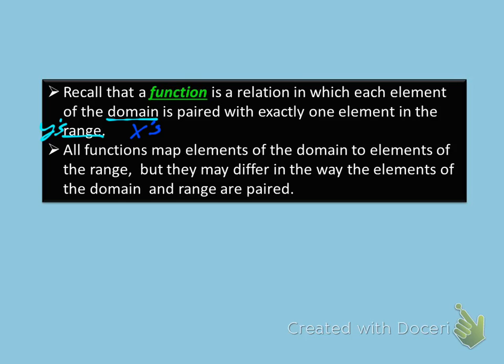Don't worry about what a map is just yet. Elements of the x's to elements of the y's, but they may differ in the way these elements are paired up. Okay, sometimes the x's and the y's are related a little differently in one case versus another case. Okay, so we're going to learn today those different kinds of relationships and what they're called.